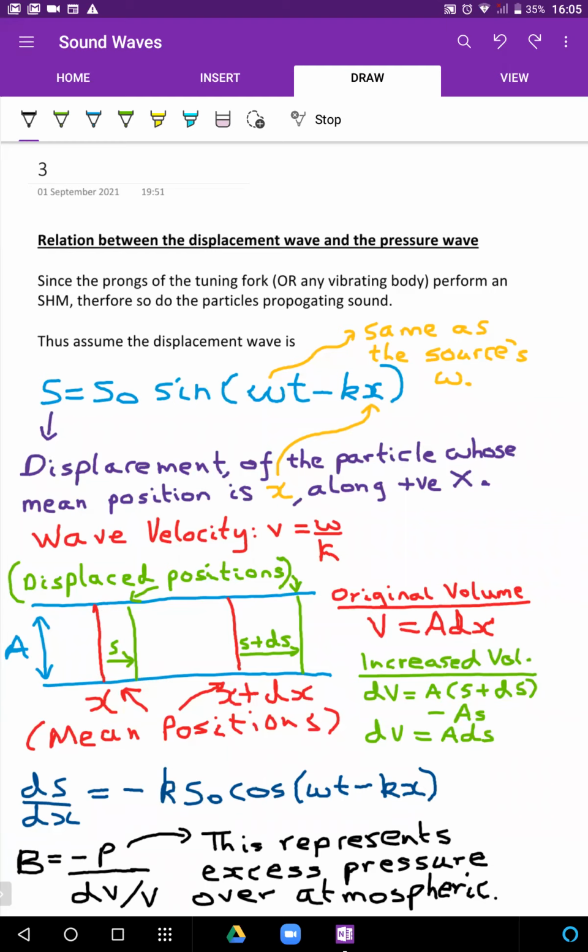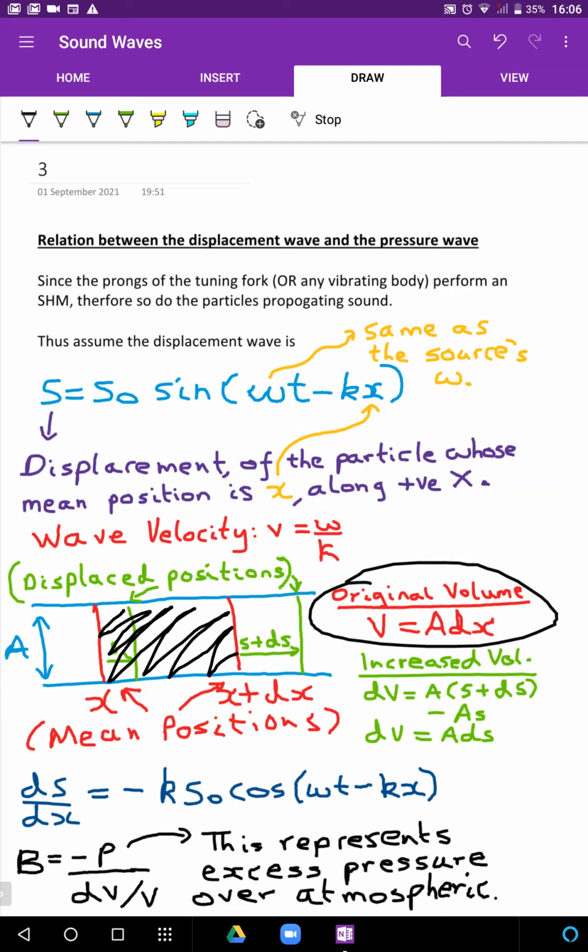Now, if you look at the original volume between the two particles, the original position was as shown by the two red lines, right? The original volume between these two particles is A into this distance. As we can see, this distance is dx.